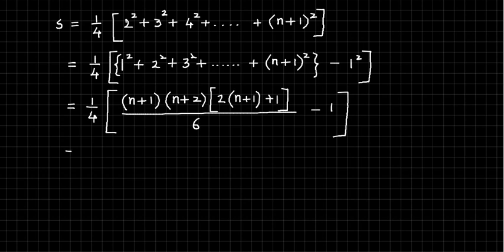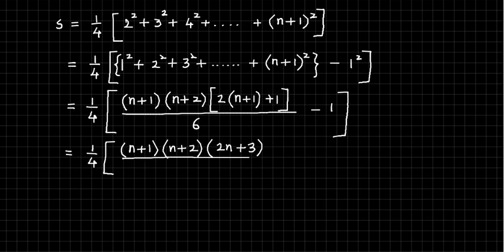Okay, so that gives us 1 upon 4 into bracket, we have (n plus 1) into (n plus 2), and we have (2n plus 3) in the third bracket upon 6 minus 1.